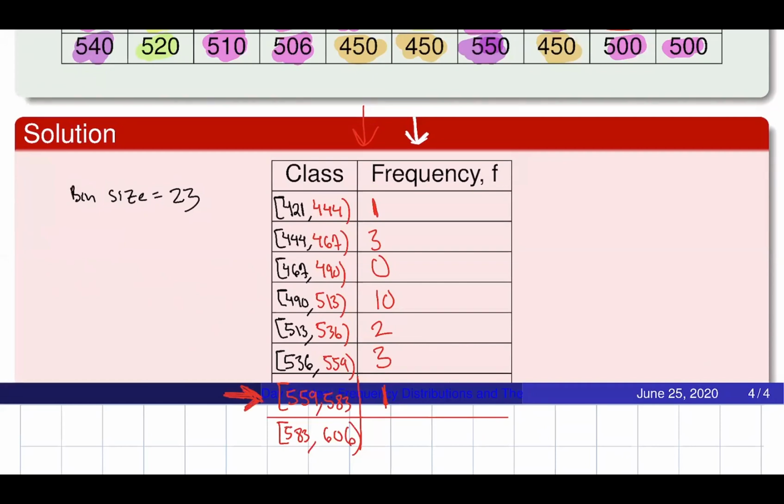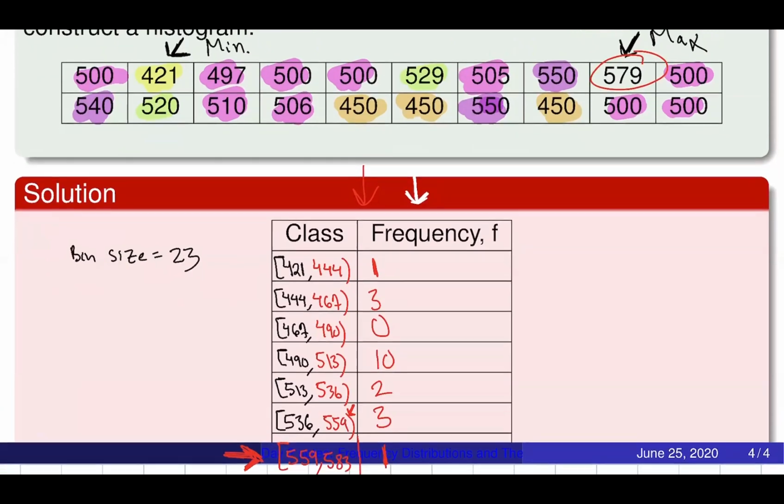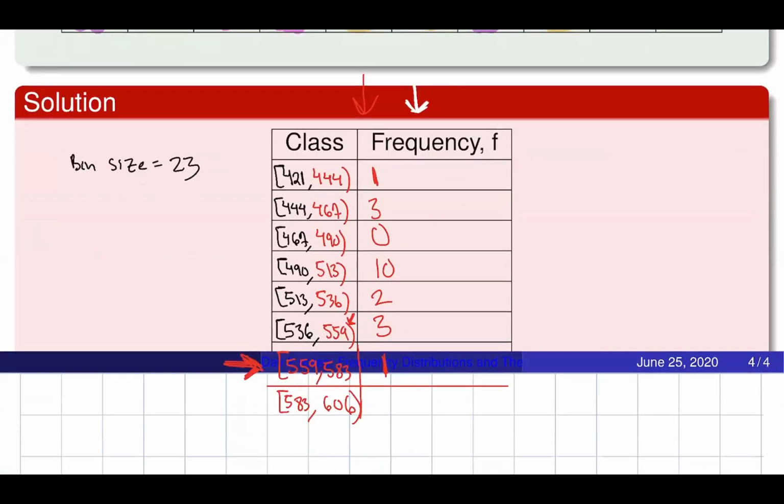One wouldn't go in 536 to 559? No, because the parenthesis is telling you don't include it. The parenthesis means don't include it here, because you're going to include it in the next row. All right, so that's it. I actually didn't need this last one.